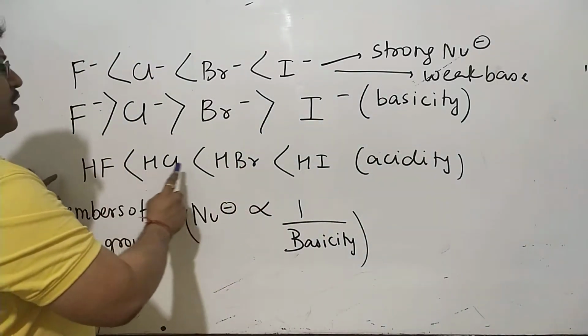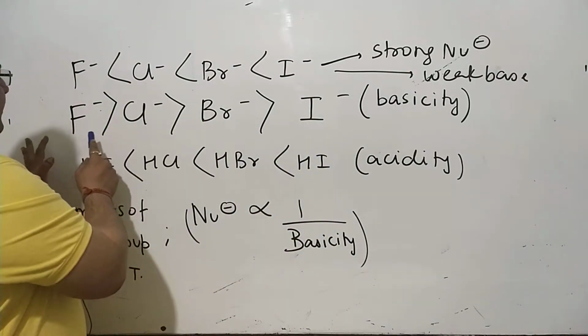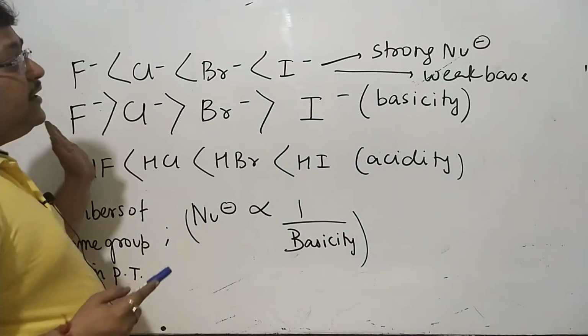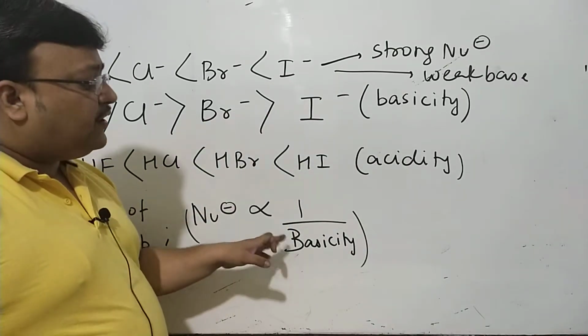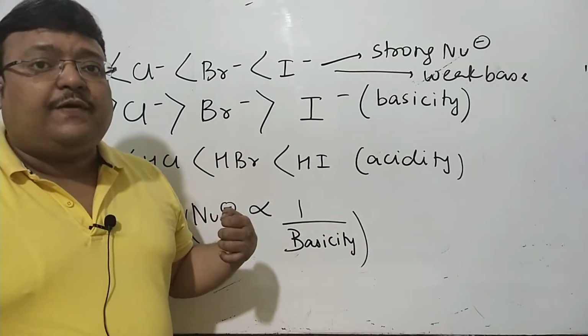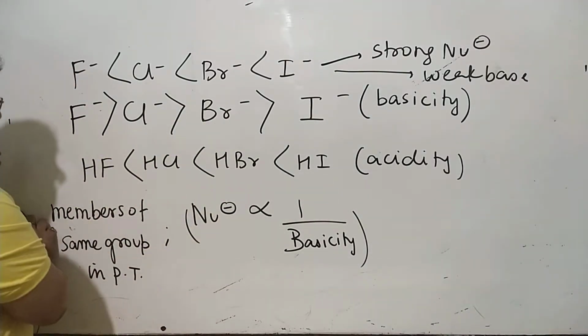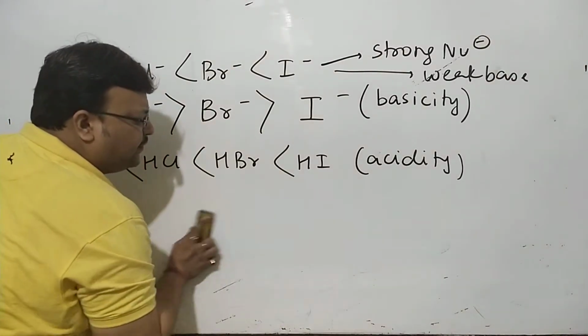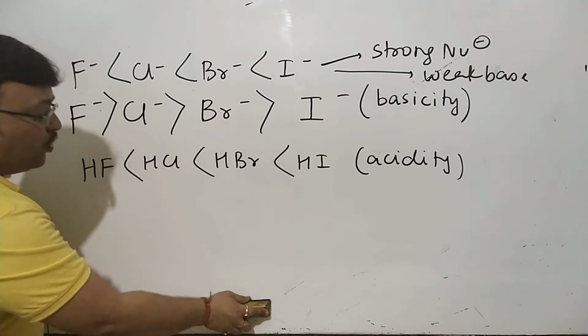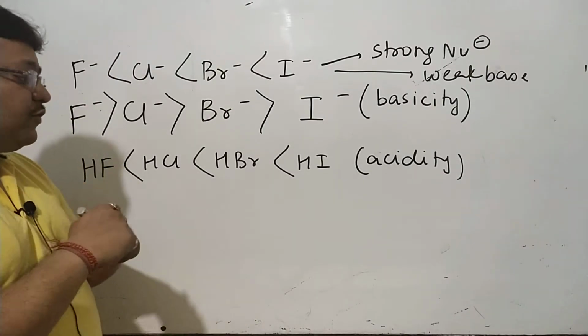Remember, this is the order of acidity, the reverse is the order of basicity, and then basicity and nucleophilicity run anti-parallel if we are talking about members of the same group. So what's happening for halides? The same will happen if you have species like oxygen and sulfur, nitrogen and phosphorus.